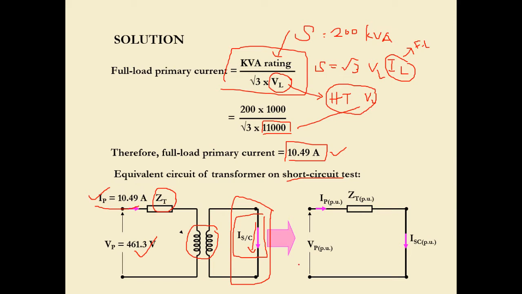So from here we can find V P PU and I P PU, so we convert everything into per unit, and this is I short circuit P PU.